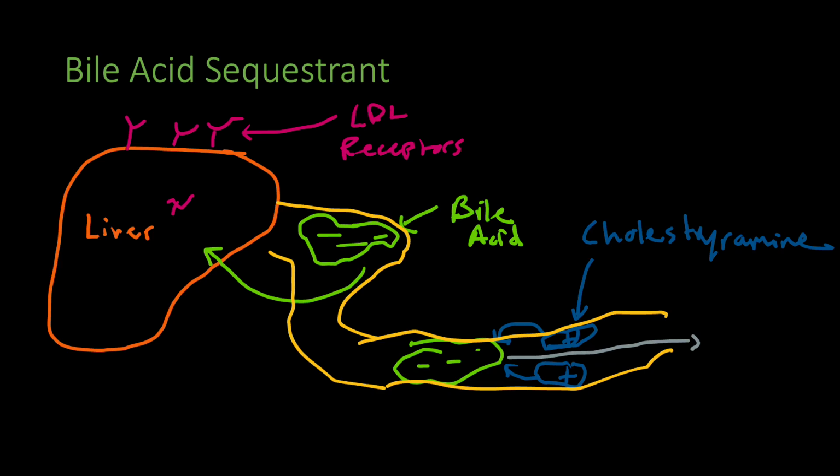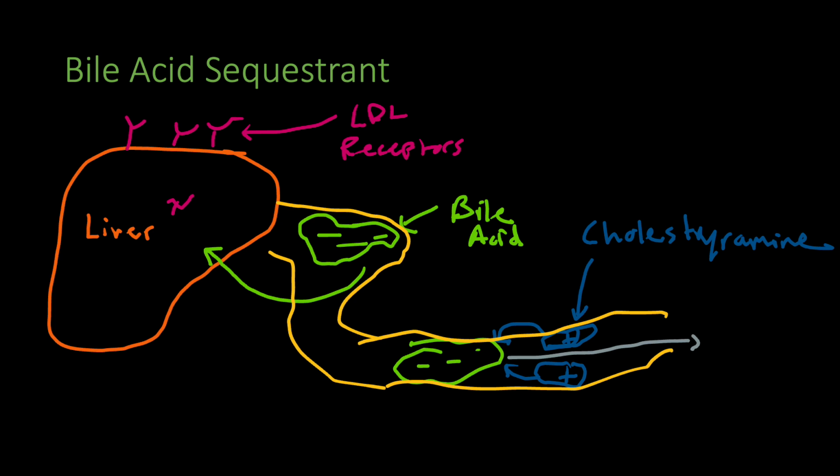This one is a diagram talking about bile acid sequestrants. The liver normally converts cholesterol to bile acids, which are secreted into the intestine to help digest the fats. You can see here, I drew a picture of the bile acid and then cholestyramine as one of the bile acid sequestrants.